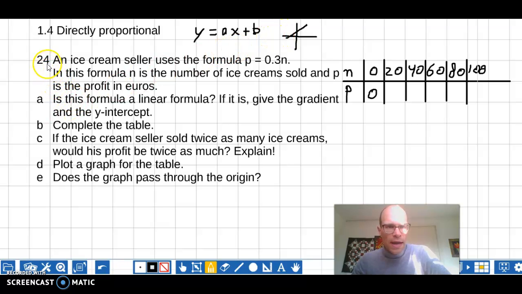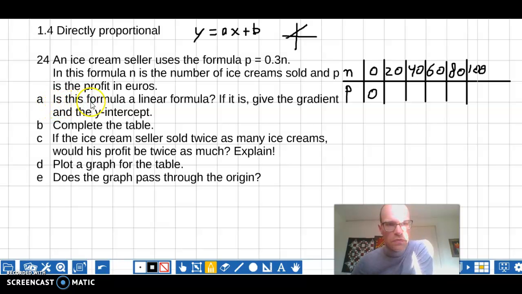And right now, we have an ice cream seller. It's a bit too late, the heat wave is already gone, but what the heck? Ice cream is nice. The ice cream seller uses math. Who doesn't? He uses a formula P is 0.3n, with n the number of ice creams sold and P the profit. He wants profits. The more the better, I guess.